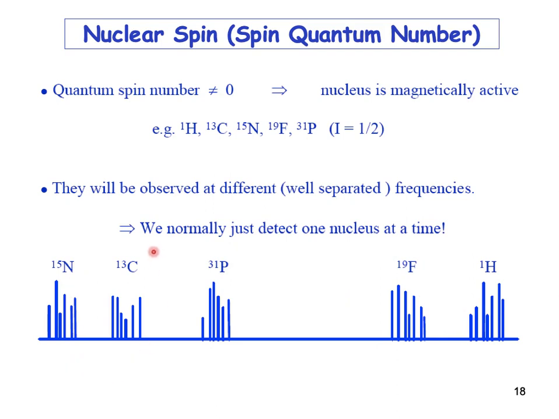Normally at one frequency only one nucleus can be observed. If you are interested in finding out how many different types of protons there are, a specific frequency for the proton is given and the information about the proton will be recorded in the NMR spectrum.